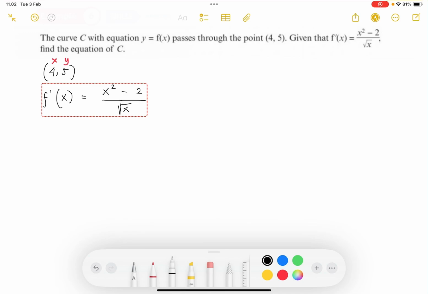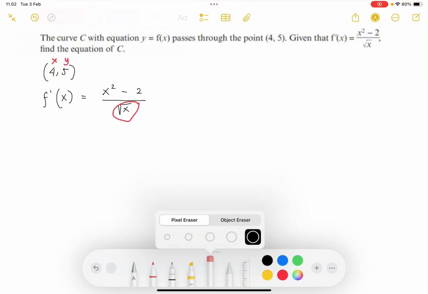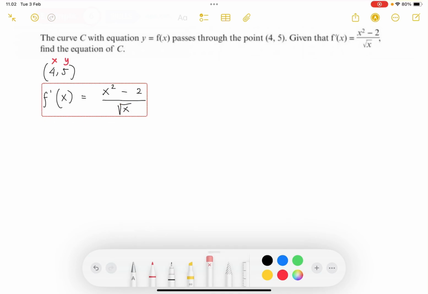Now you look there. This is not yet simplified. Why do I say like that? It still has a denominator, and the denominator is still in the form of x. So how then, miss, if it's like that? You need to simplify it first. Okay, simplify it. Change it into the form of exponent.